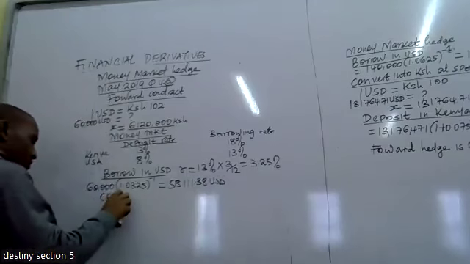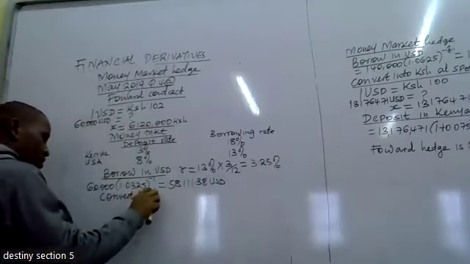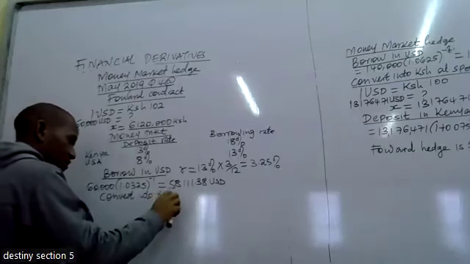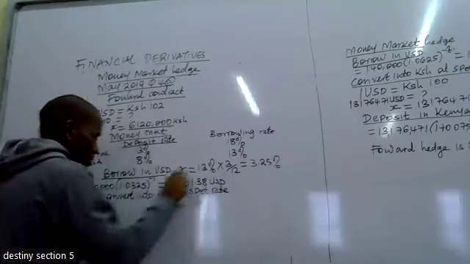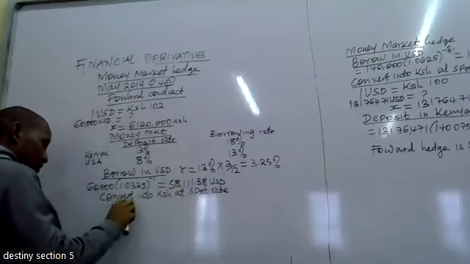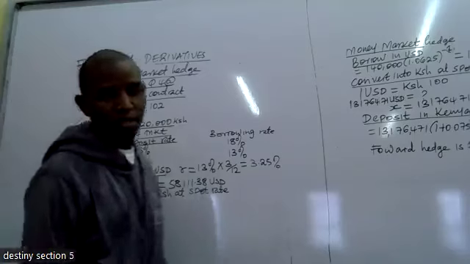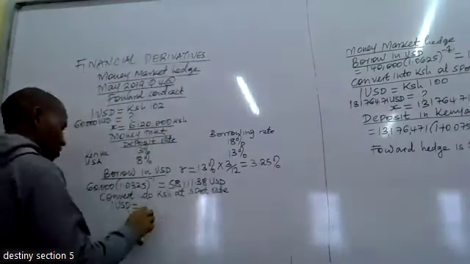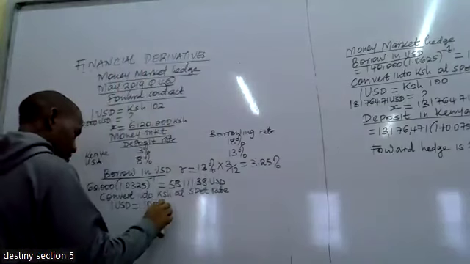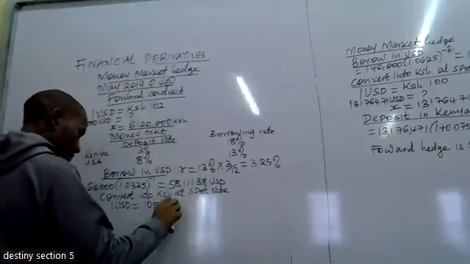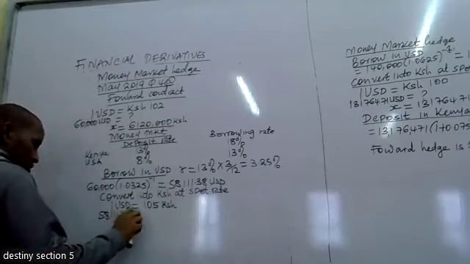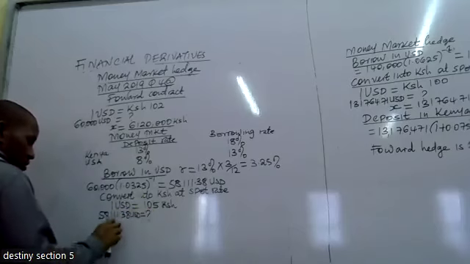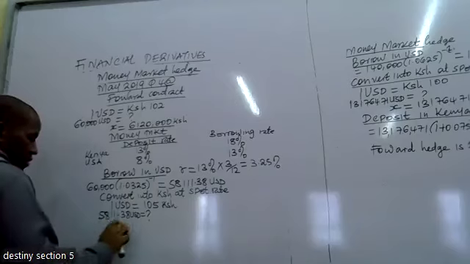We convert it into Kenyan shillings at spot rate. So 1 USD is equal to how much? We were given the spot rates, which was the highest, is 1 USD to Kenyan shillings. So you take 58,111.38 USD, equals to how much? So that will give us how much?